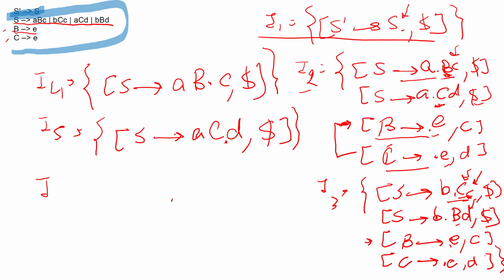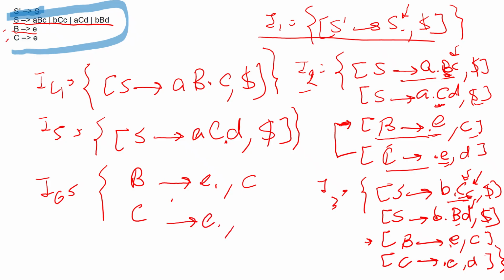So I6, in fact, will be: we're shifting the dot for the E and the E together one step to the right. So it becomes B, E dot after the comma C, and also C, E dot after the comma D. We write it in the proper way.